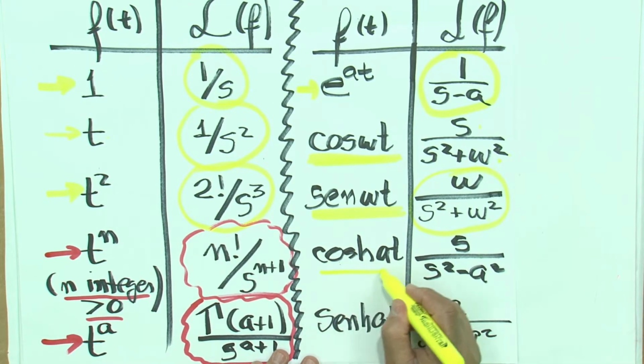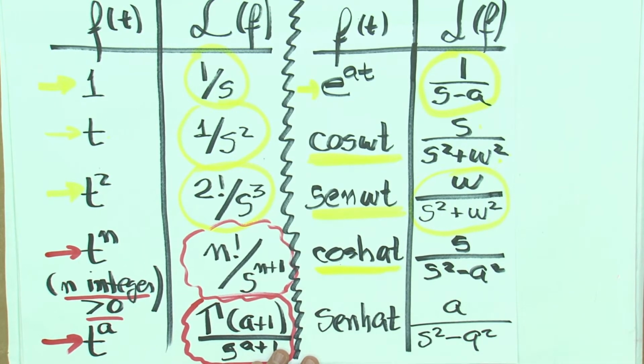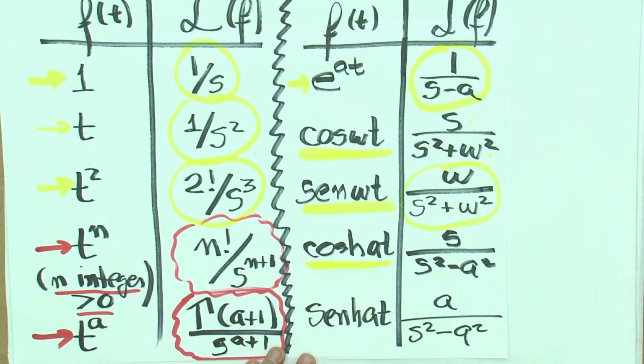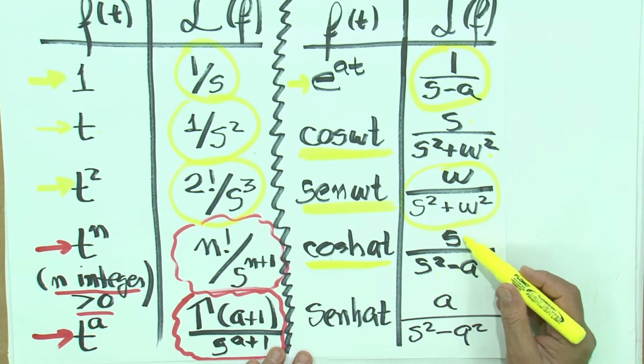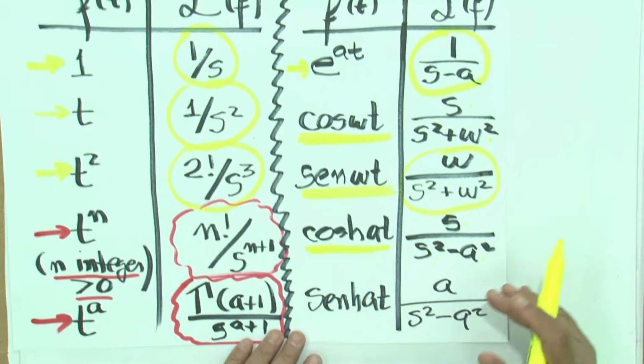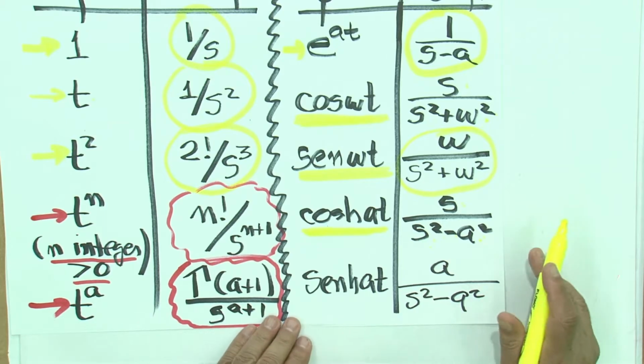If I have a hyperbolic cosine of at, then the Laplace transform is s divided by s squared minus a squared. Of course, we all know that whenever s is equal to a, we start to get divergences. So it's very nice to understand what those divergences in s mean. That will be like resonances when we do the Laplace transform.